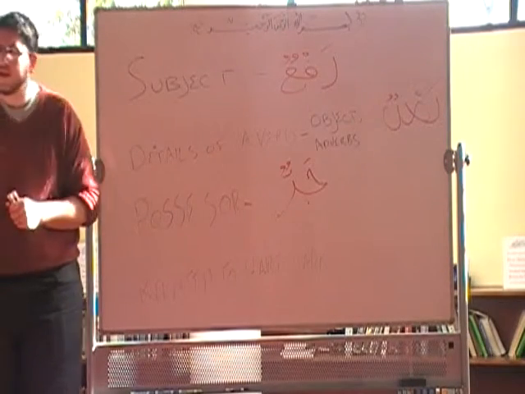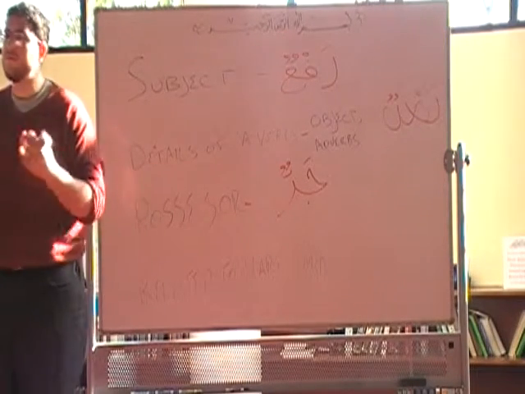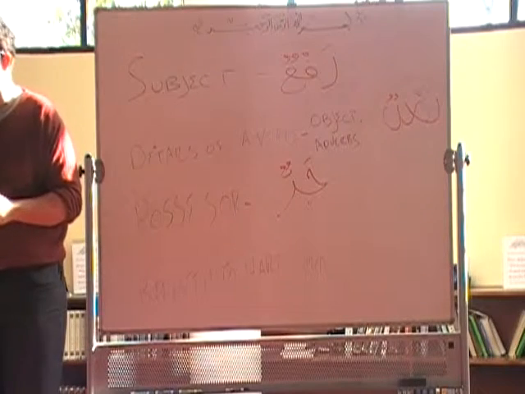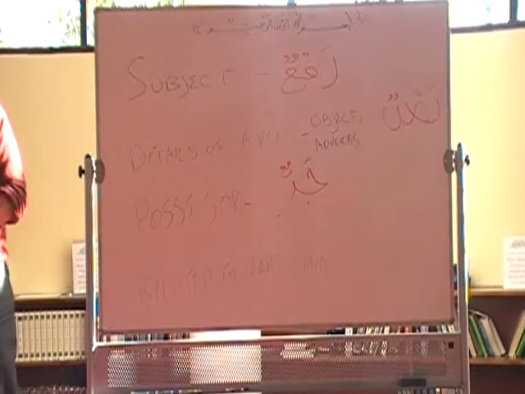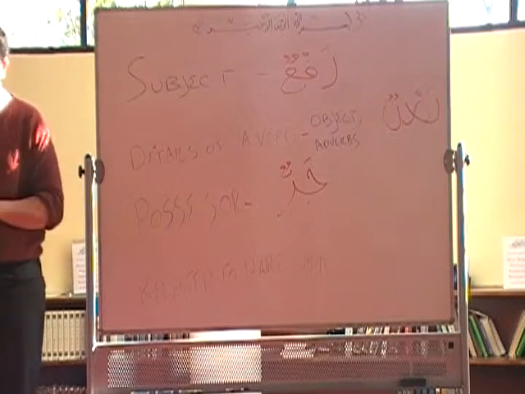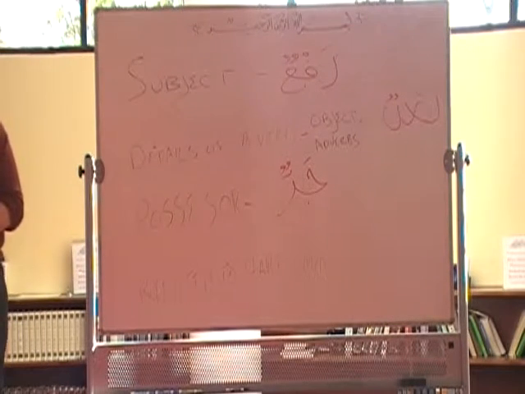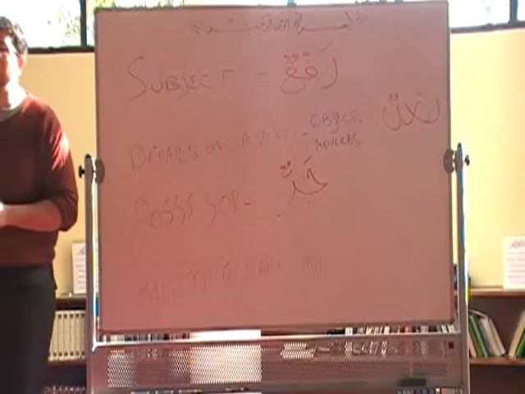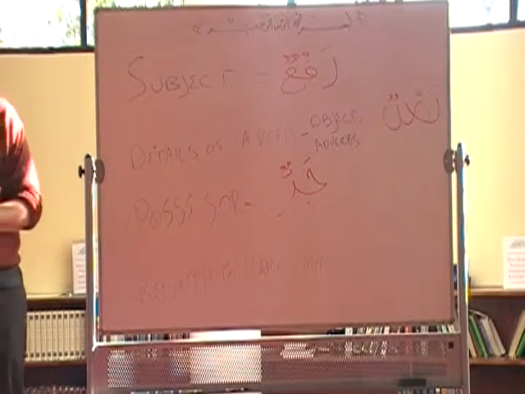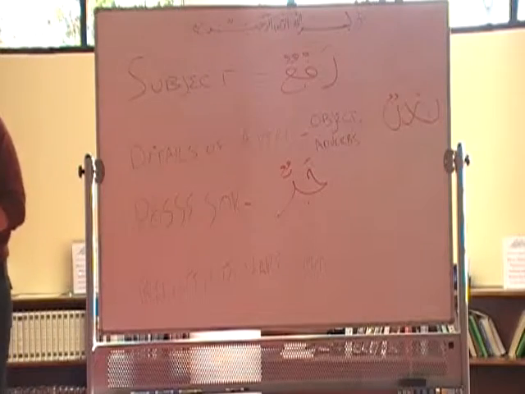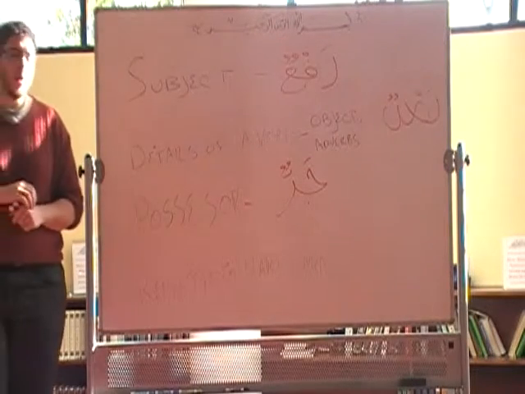So, fi is a common example, which means in. Okay? So, fil kitab. What happens is the word fi turns the word after it into the state of jar. And so, therefore, it's fil kitabi, with the kasra. Okay? We'll talk about that in a moment.